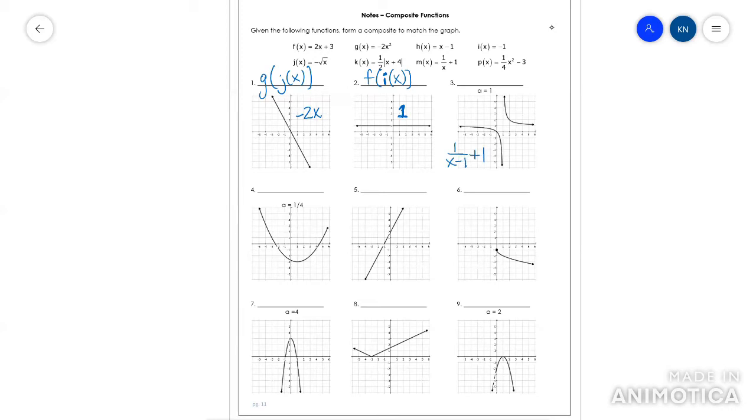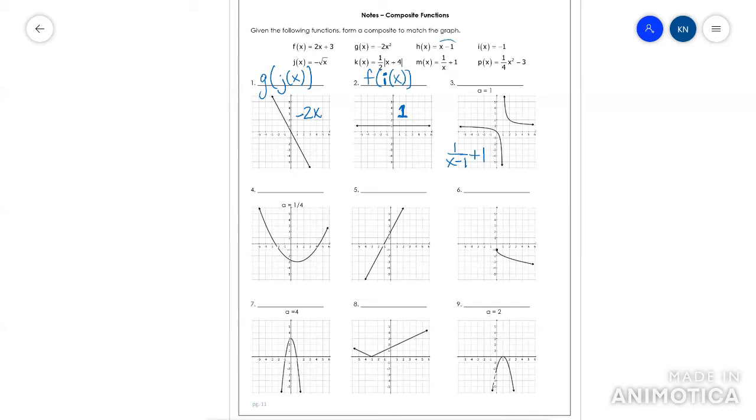So I have to find two equations that, when put together, form this composite. Now, just looking at my equations, this right here is really close. I just needed, instead of x here, I needed x minus 1. Well, what if I had x minus 1 that I could just plug in there?